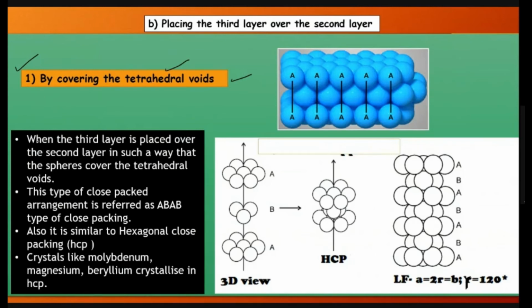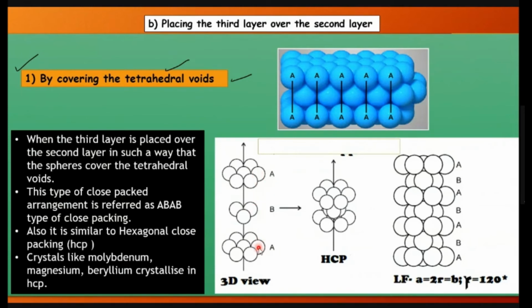So when the third layer is placed over the second layer in such a way that the spheres cover the tetrahedral voids, this type of close packed arrangement is referred to as AB-AB type of close packing. You can see in the diagram, when you place the third layer above the second layer by covering tetrahedral voids, the first layer and the third layer are identical layers, because they are aligned equally with each other, both horizontally and vertically.